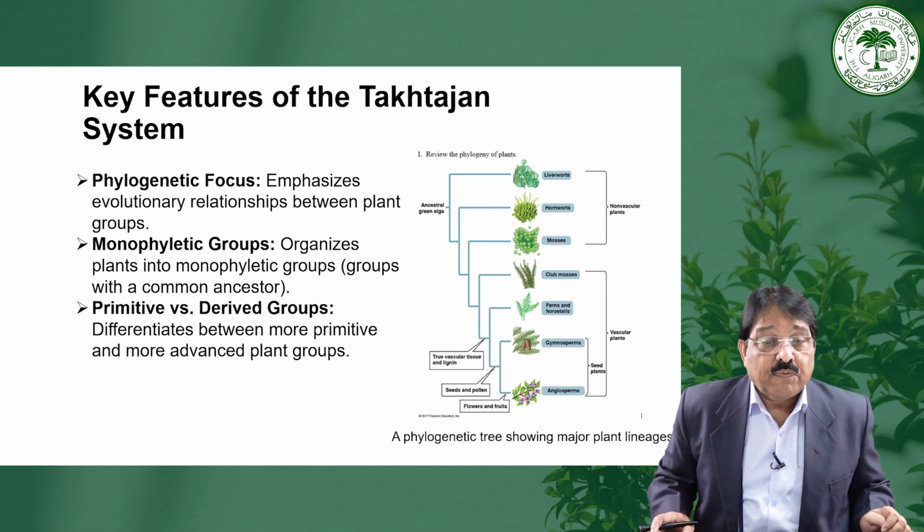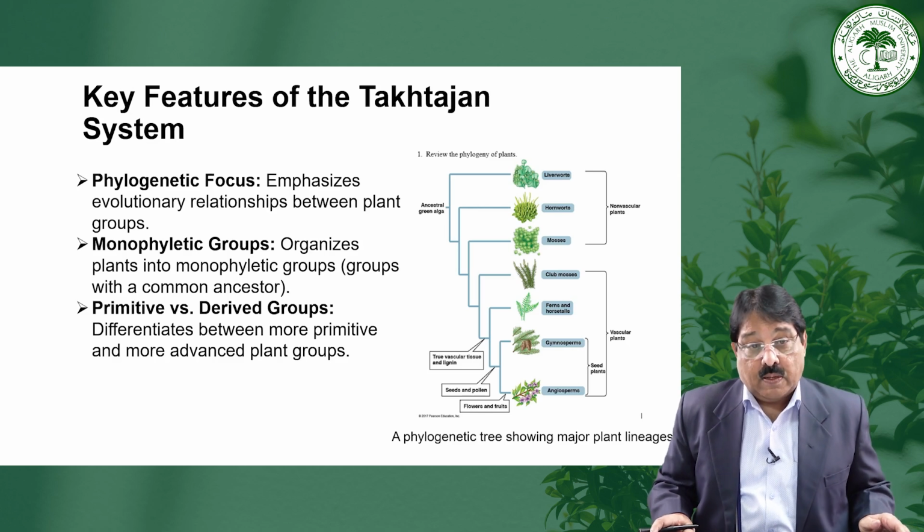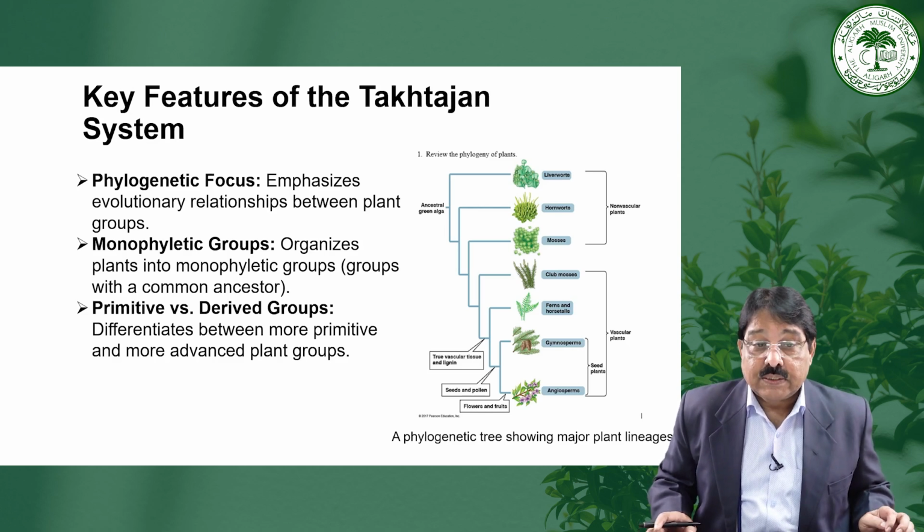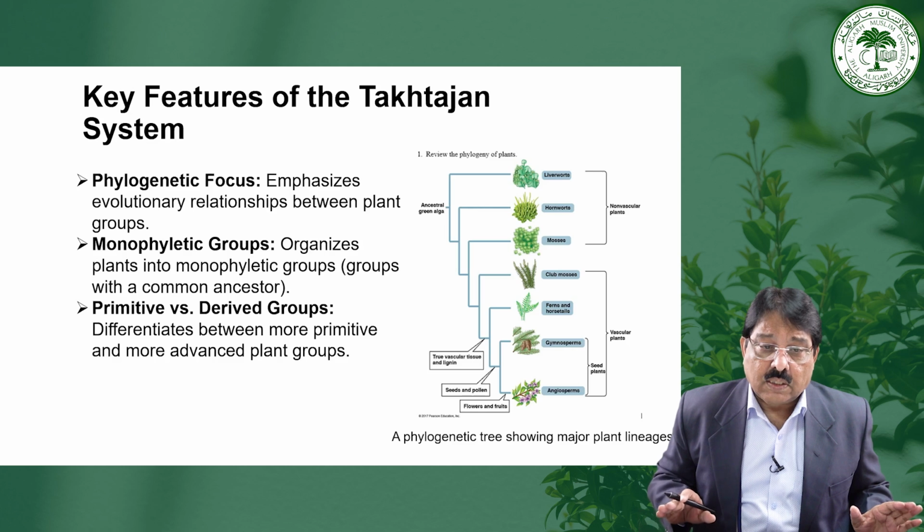The phylogenetic focus emphasizes the evolutionary relationship between the plant groups. What does he emphasize? He emphasizes the evolutionary relationship between the plant groups. And this system, the Takhtajan system, is monophyletic. Monophyletic means it organizes the plants into monophyletic groups.